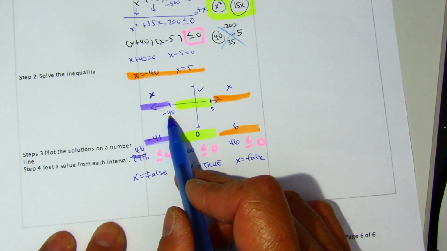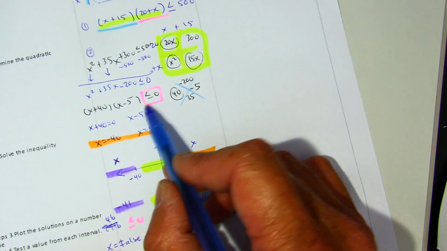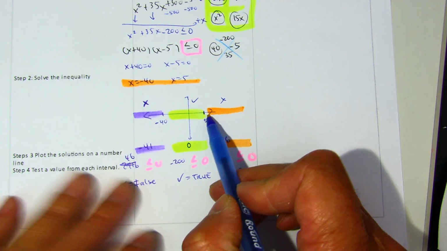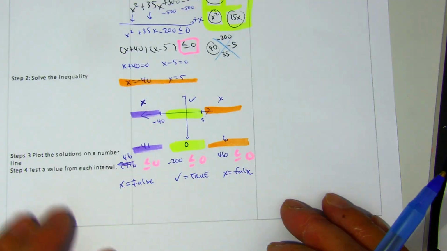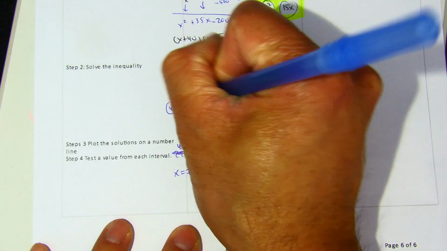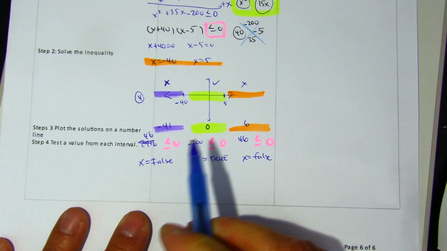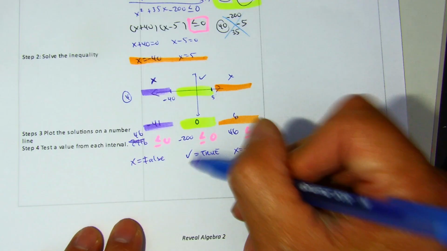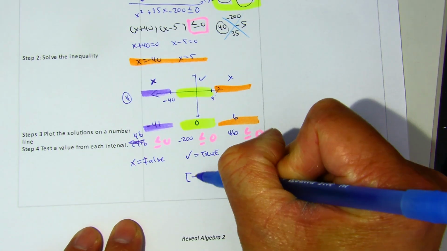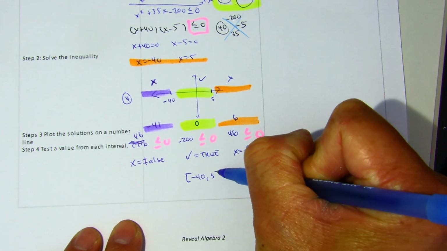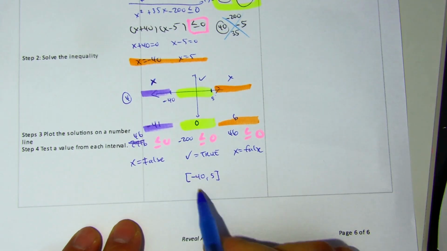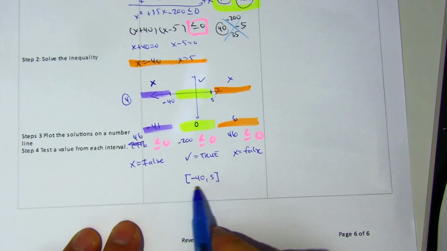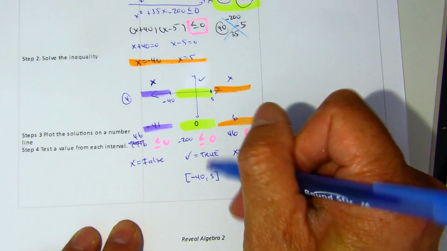It would be a bracket because we have equals to. But in real life, so we did step number 4 here, testing the values, you cannot have negative numbers for a pool. So you'd probably want to do something like 0 to 5.